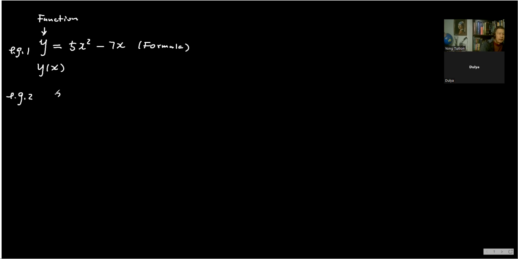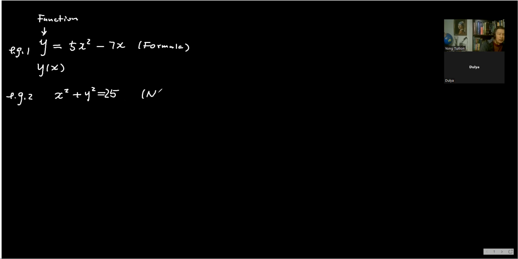For example, we have x squared plus y squared equal to 25. Can you see that? So this is implicit. We can hardly see the formula. So no formula.